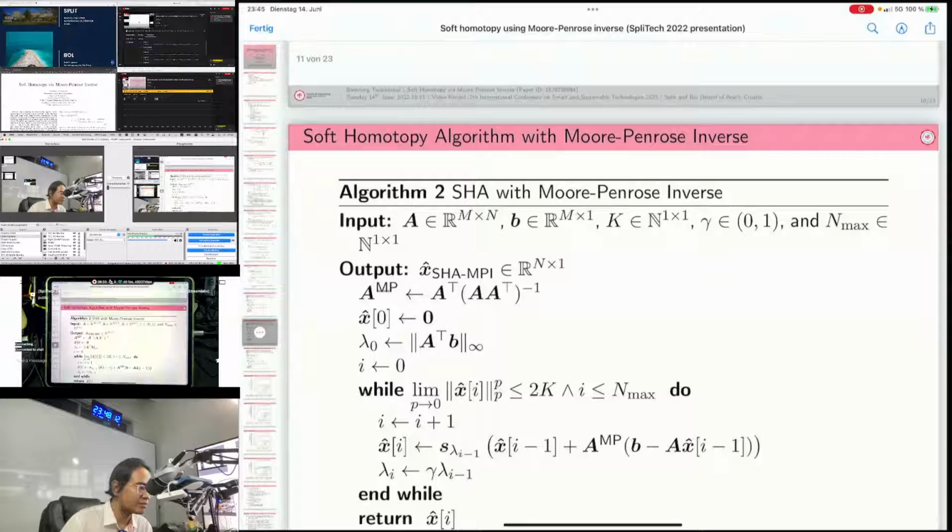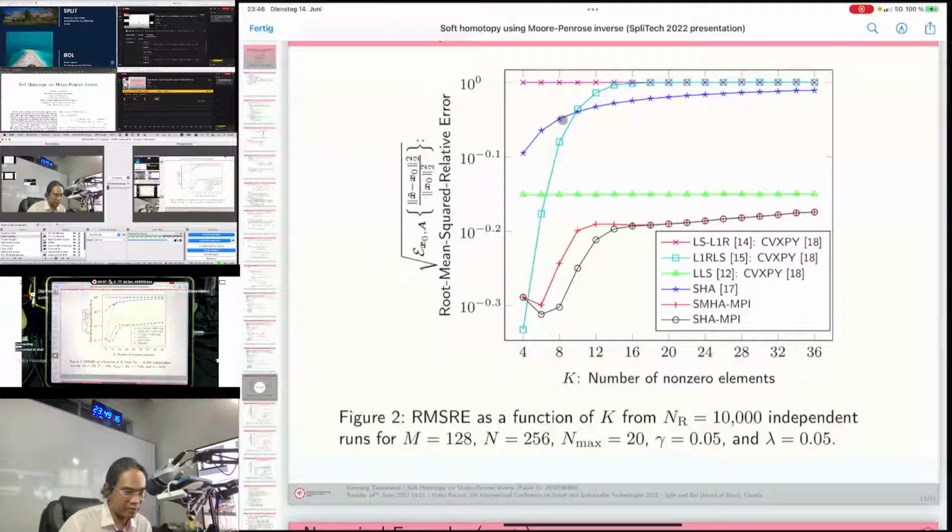Here we see the simulation result. You can see that our methods, the red one and the blue one, provide lower root mean squared relative error with respect to the number of non-zero elements. If we have more non-zero data, we get a little more error. We compare it to the original soft homotopy algorithm, and the blue one gets lower error.